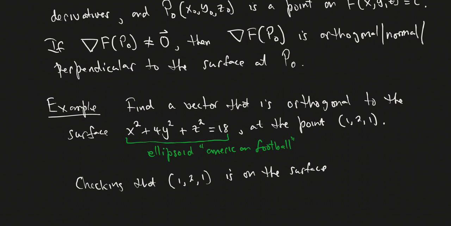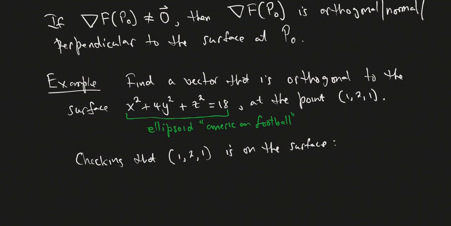You don't want to try to plug in a point that doesn't even satisfy the equation. So checking that it is on the surface, what I would have to do is do the operations on the left and see if I get an 18. So let's see if this works. I'd have 1 squared plus 4 times 2 squared plus 1 squared. So this is 1 plus 16 plus 1, and it is in fact equal to 18. So there we go, right?